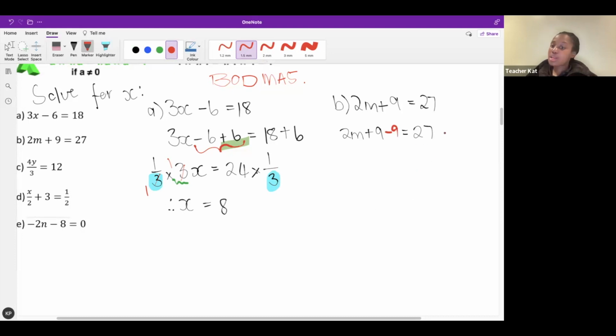But what we do on the left, we have to do on the right. Tell me again, what happens with this positive 9 minus 9? They will cancel out. That's why I'm left with just 2m. Then on my right-hand side, I have 27 minus 9. And what is 27 minus 9?